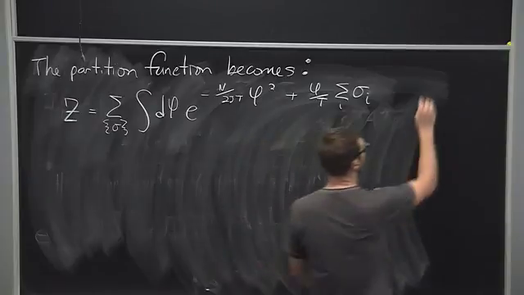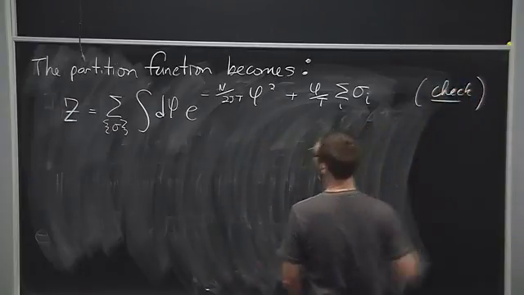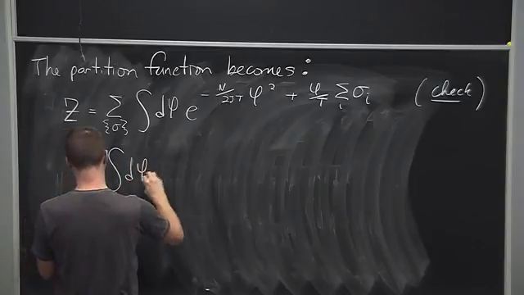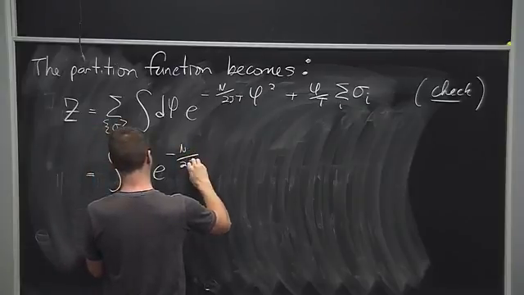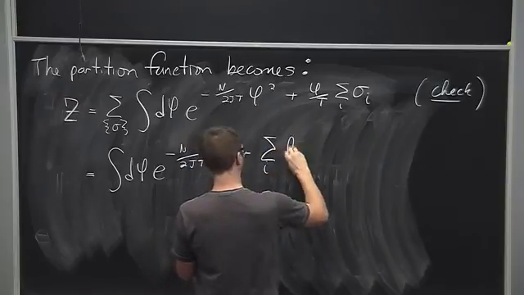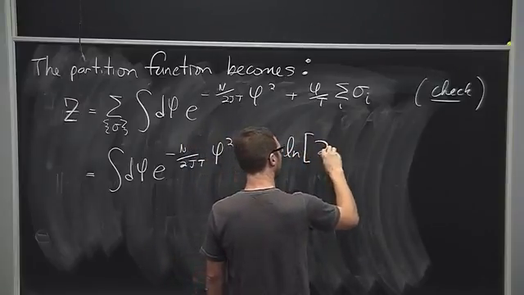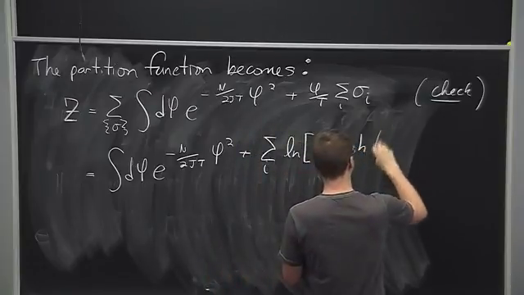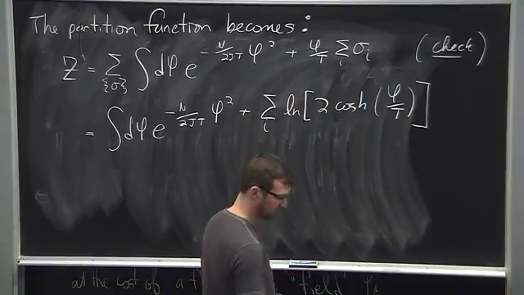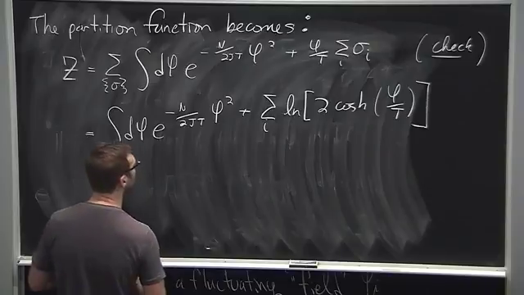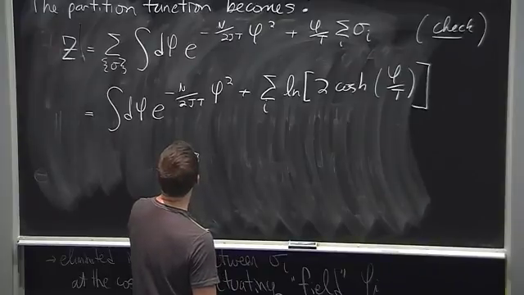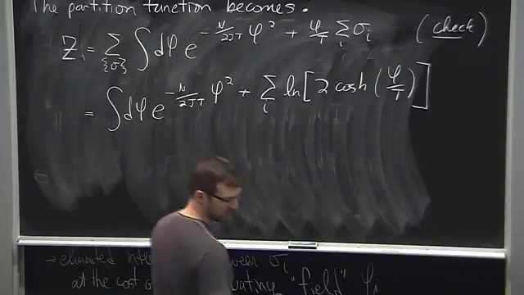Let's just check this. Once you take that trace, it will be a sum again, log, yeah, it's going to be 2 cosh of phi over T. Okay, we'll go with that.